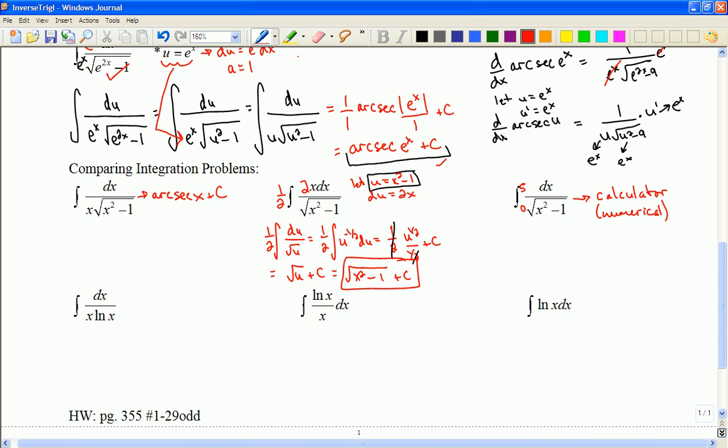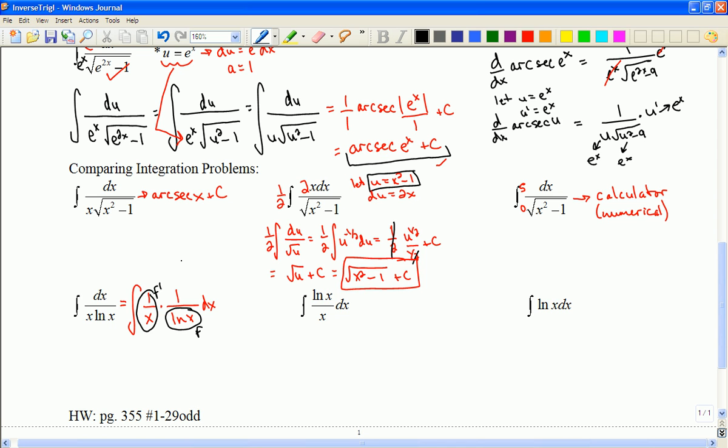In the next one, well, first thing before we give up on this one and say that there is no technique, we should separate it and then try to decide what's the function and what could be its derivative. Now, these are the 2 things that I have, and there's definitely a relationship between those. The derivative for natural log is 1 over x, so this is going to be my function, and this is going to be my derivative.